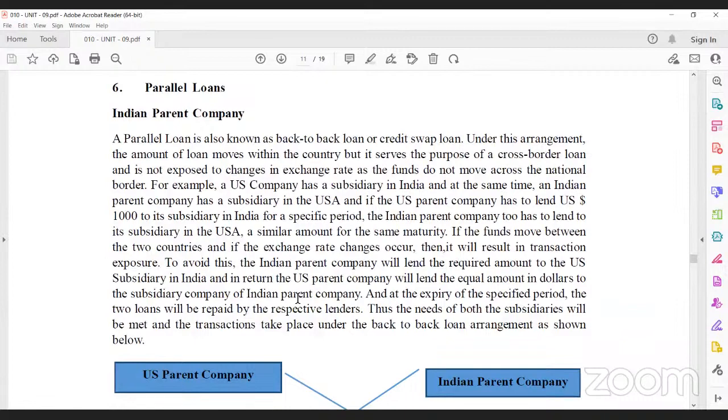If an Indian parent company lends the required amount to the US subsidiary in India, in return, the US parent company will lend the equal amount in dollars to the subsidiary company of the Indian parent company. At the expiry of the specified period, the two loans will be repaid by the respective lenders. The needs of both the subsidiaries will be met. Back-to-back loan arrangements are shown. See here.